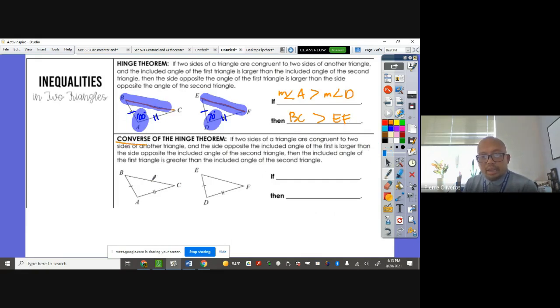Say you know that this one is 20 and that's 10, and they are congruent respectively. So you know that BC is much bigger than EF. Their opposite angles: the opposite of BC, which is 20, is A, the opposite of EF, which is 10, is D. So therefore, the measurement of angle A is greater than the measurement of angle D.